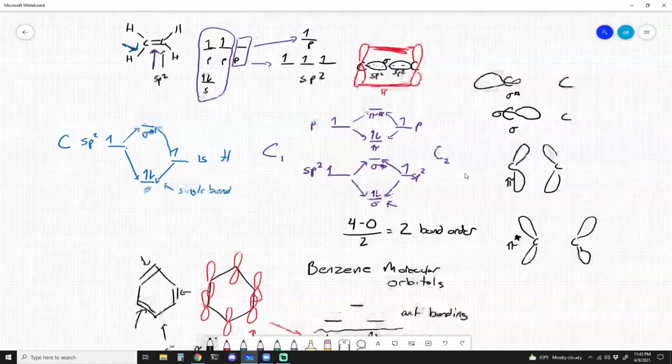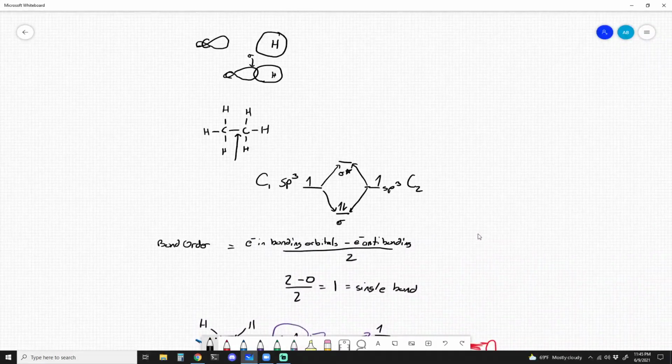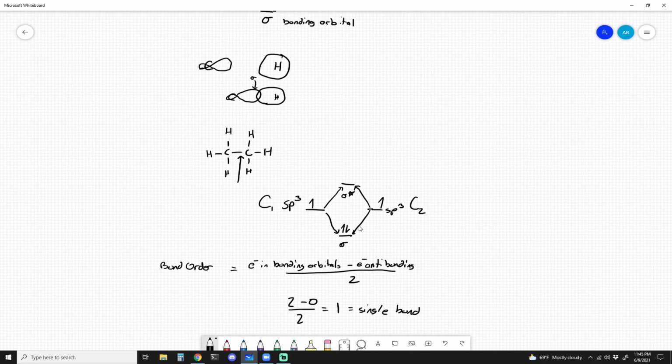But for very simple stuff, for organic 1, you're going to be dealing with very simple anti-bonding orbitals. You might notice that we have yet to put an electron in an anti-bonding orbital, and that's because we're dealing with very, very simple molecules so far in organic chemistry.